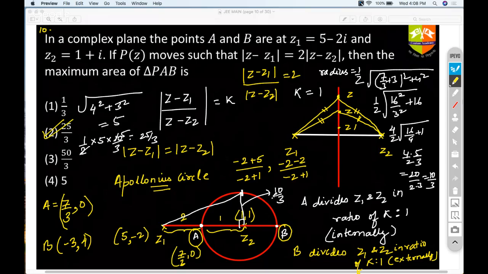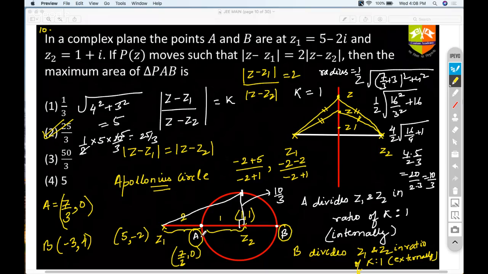Well, we learned a lot of things over here. In case you have not practiced a lot of problems of this type, let me tell you, this is a commonly seen expression, and it will always result into an Apollonius circle whose diametrical opposite ends would be lying at points A and B, where A divides the join of Z1 and Z2 in the ratio of k:1 internally, and B divides the join of Z1 and Z2 in the same ratio k:1 but externally.